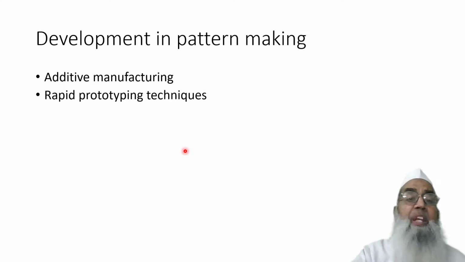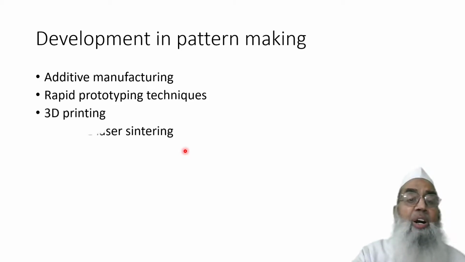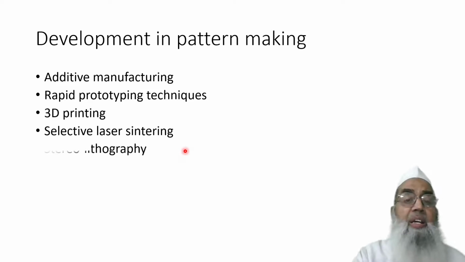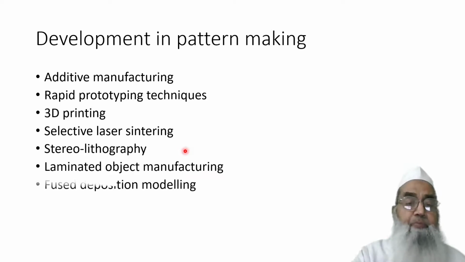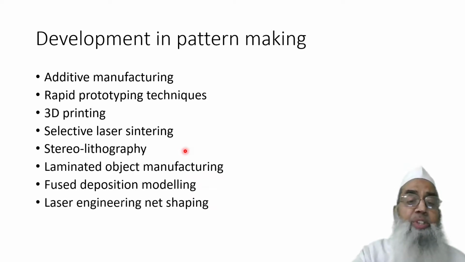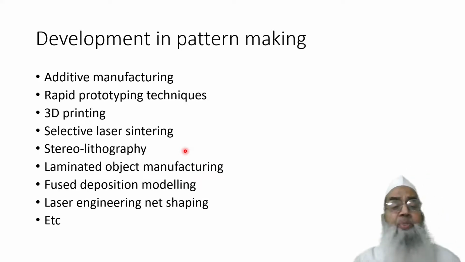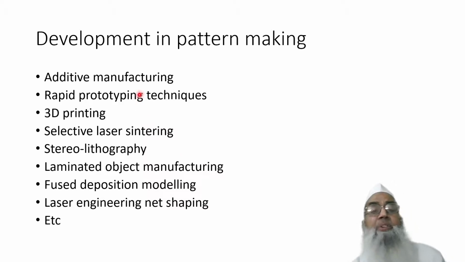Similarly, it can be rapid prototyping, 3D printing, selective laser sintering, stereolithography, laminated object manufacturing, fused deposition modeling, laser engineering net shaping, etc. These are the few techniques already developed, and we can use any of them to make a pattern.